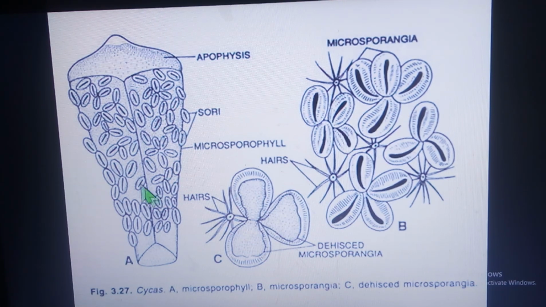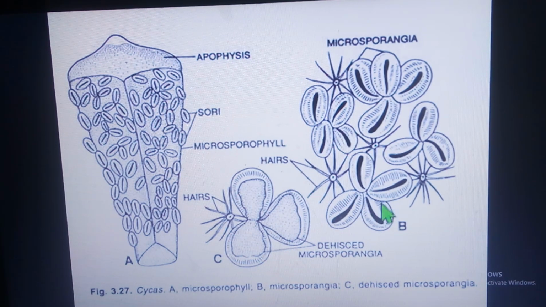A group of microsporangia is called a sorus.